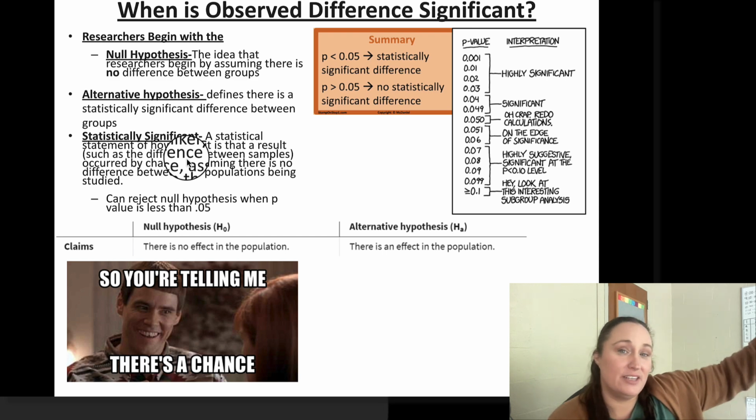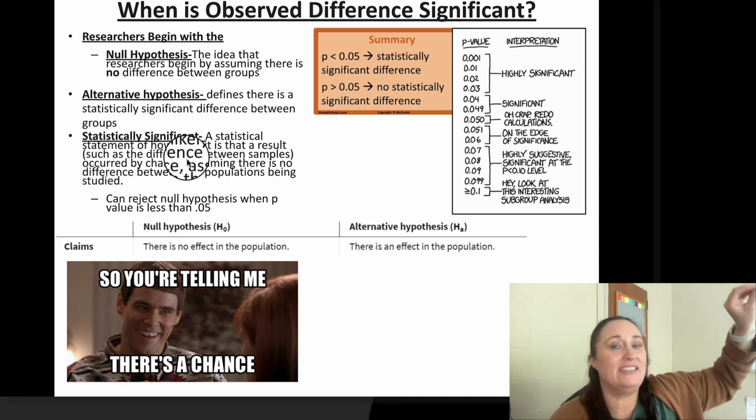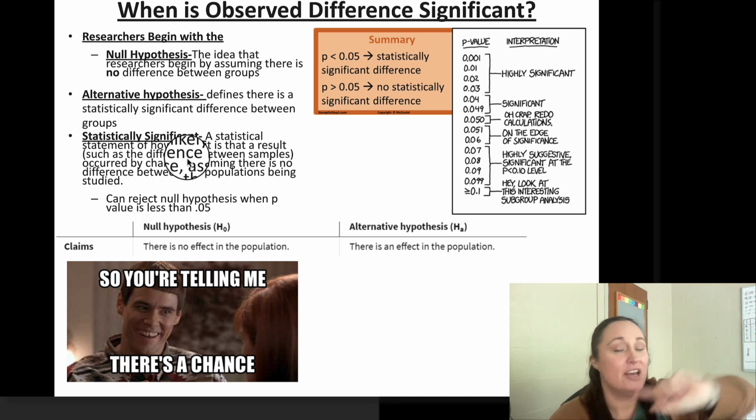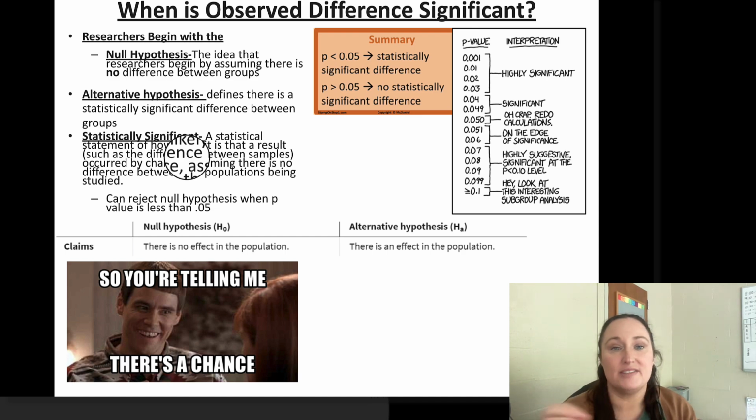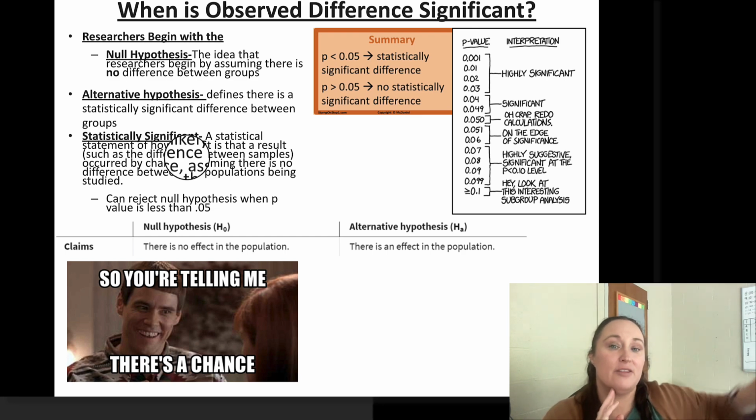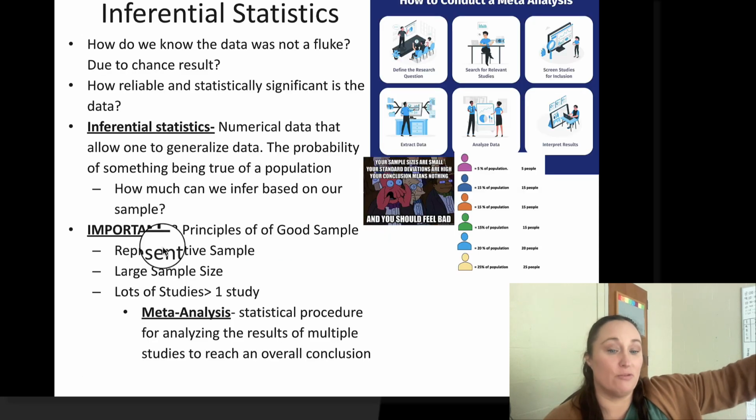That music listening group, that music likely did have an impact. You can't say that it definitely did because there's a 0.049 or less. There's some small chance that there's some other reason that group did better. And that's assuming that we already have a representative sample and a large sample size, right?